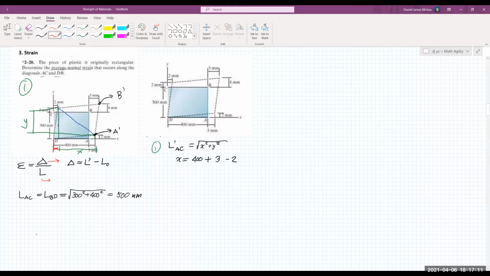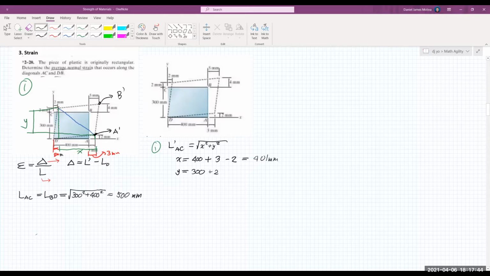I'll project the 2 millimeter deformation here, and then the 3 millimeter deformation is somewhere here. Okay, so we have 400 millimeters plus 3 millimeters minus 2 millimeters. So the horizontal length is 401 millimeters.